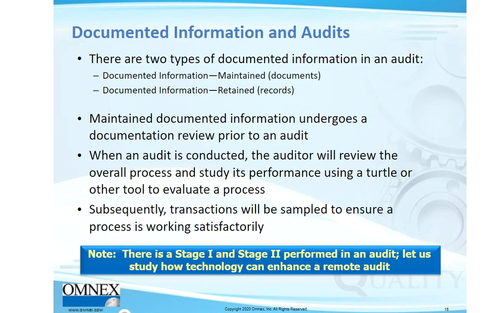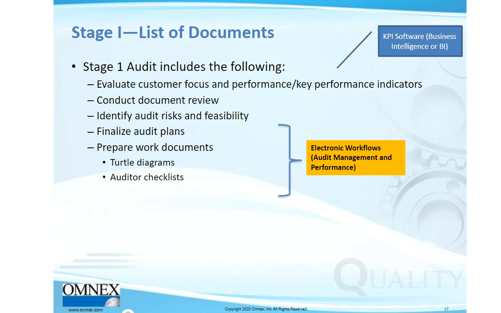As we all know, from 1911, and in actual practice, if you are a third-party registrar or an internal or second party, there is a stage one and a stage two. Let's talk through how this can happen, and we'll see how documented information software can let this happen. Here's typically what we expect to see in a stage one. Number one, evaluating customer focus and performance.